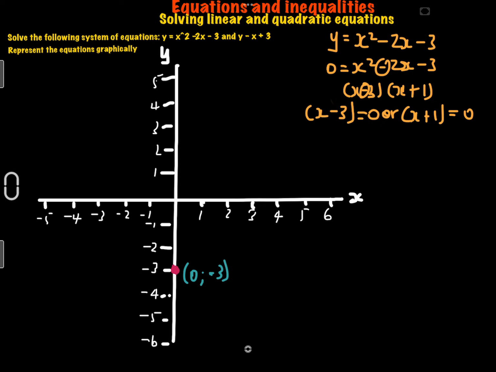What this means is that x = 3 or x = -1. So let's go ahead and plug those values. These are my coordinates. When y = 0, I find x to be 3, or when y = 0, I also find x to be -1.